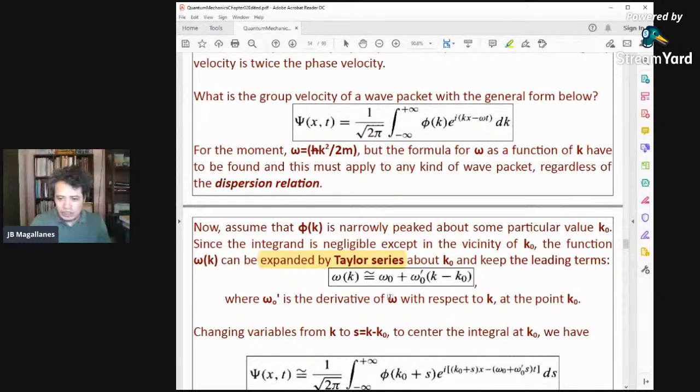You can write this function as a Taylor series. This is omega sub o, the value of omega at k sub o, plus the derivative of omega evaluated at k sub o, which is this one.